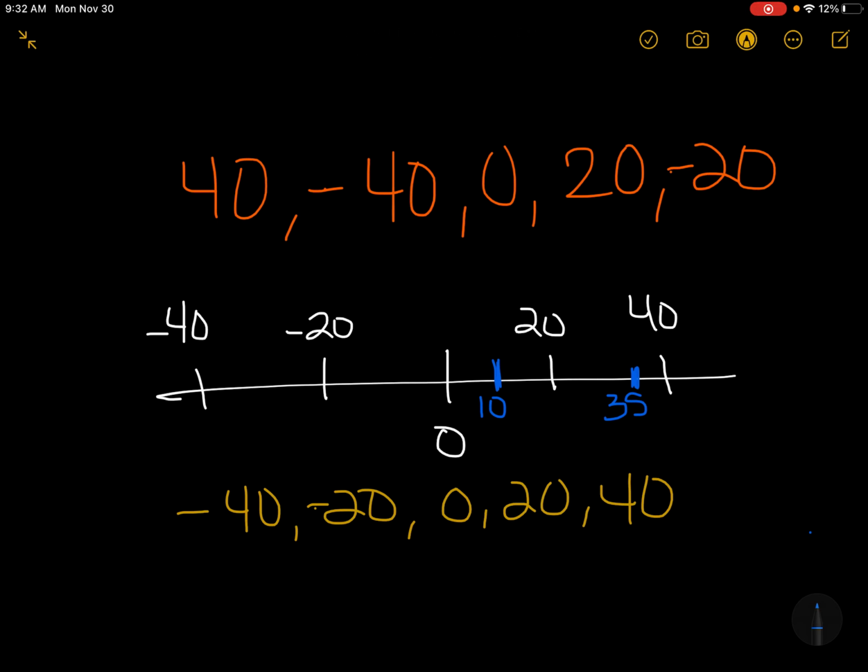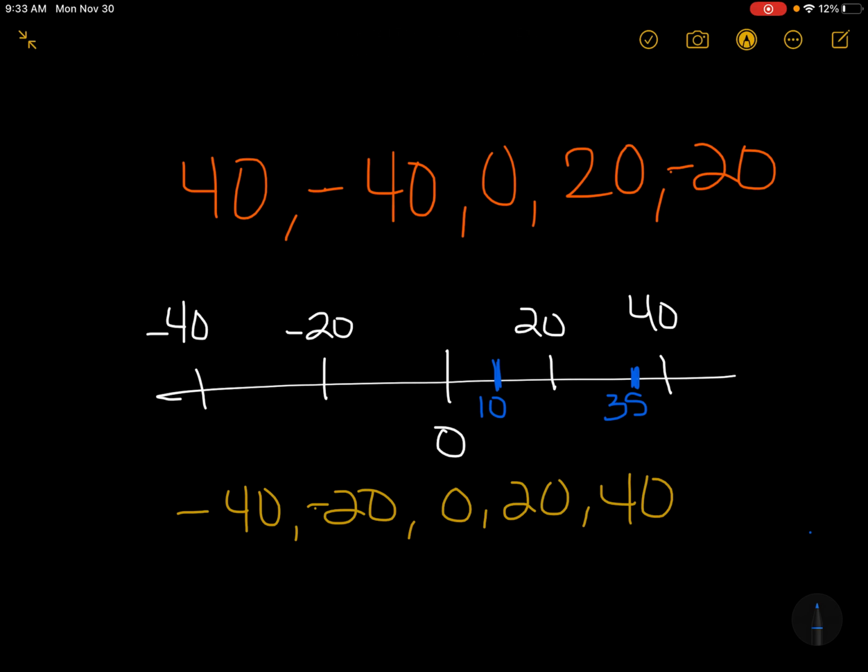Sometimes you're going to be given some sort of improper fractions, or you'll be given fractions in general. Maybe you're going to be given -50 over 2.